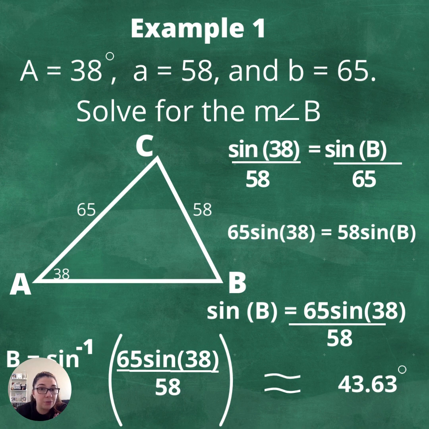And then I use inverse sine because I need to solve for the angle measure. So inverse sine of 65 sine of 38 over 58 is approximately 43.63. So that means one value of angle B is 43.63. Now, you're probably saying, I don't understand why there could be two values.